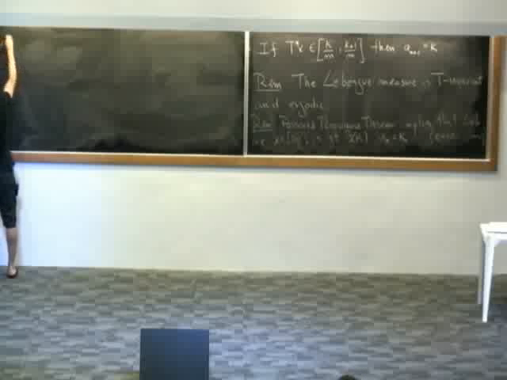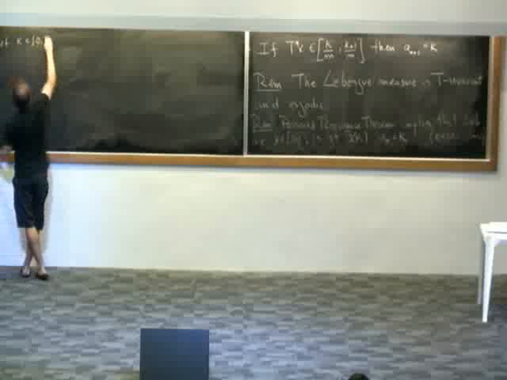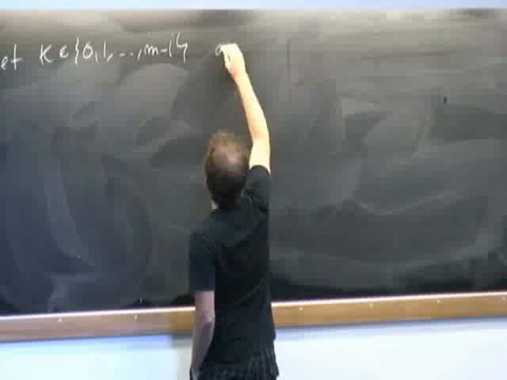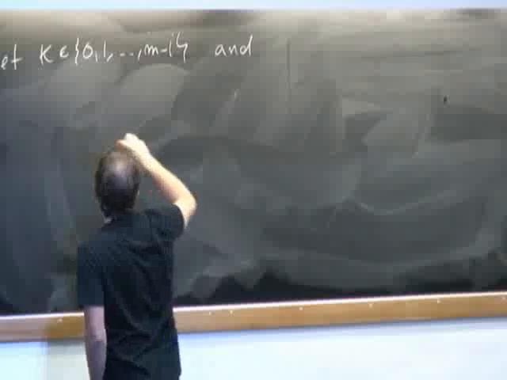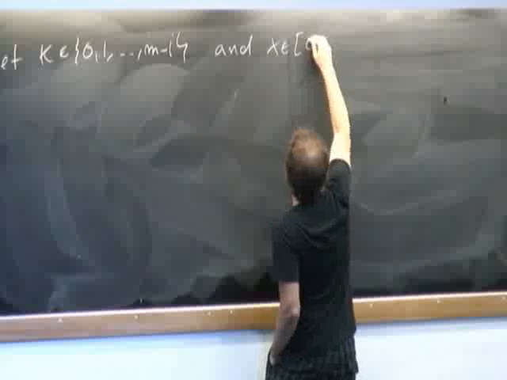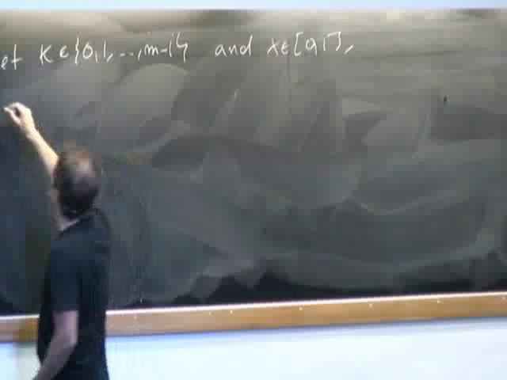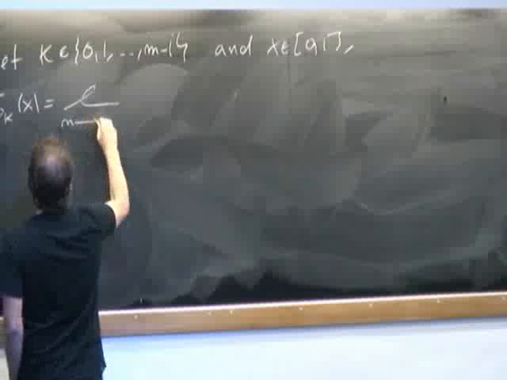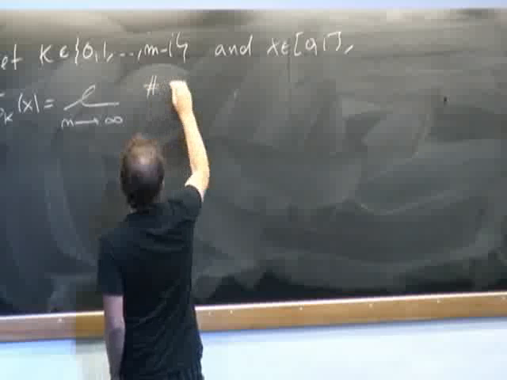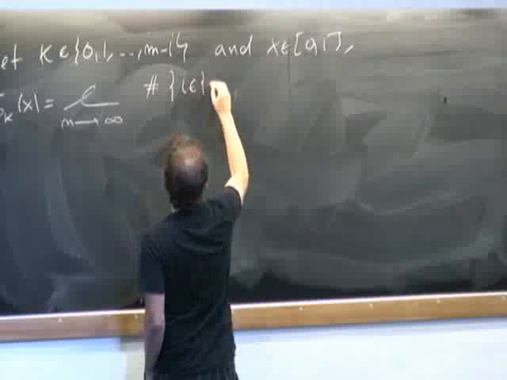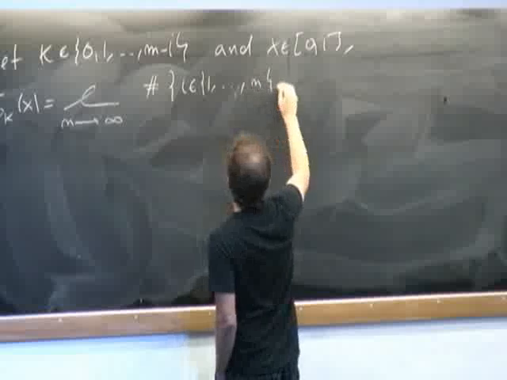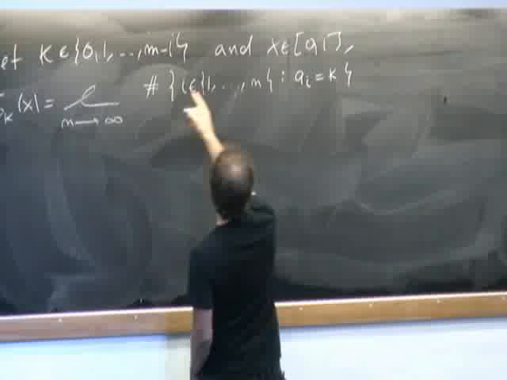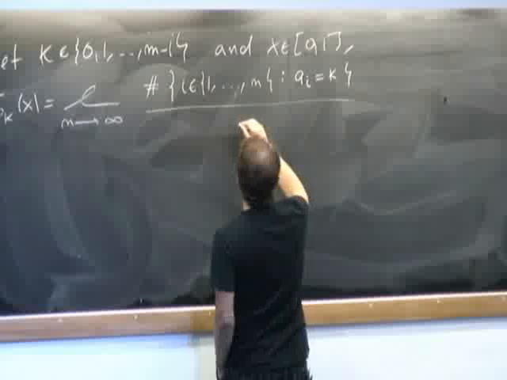So let k be one of these digits, and then define, for x in [0,1], the frequency of k as the limit of the number of digits equal to k among the first n, divided by n.